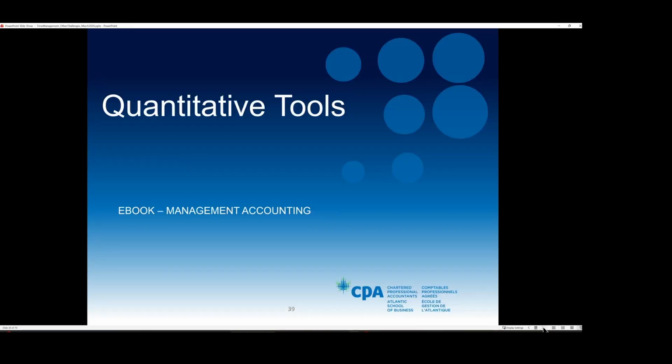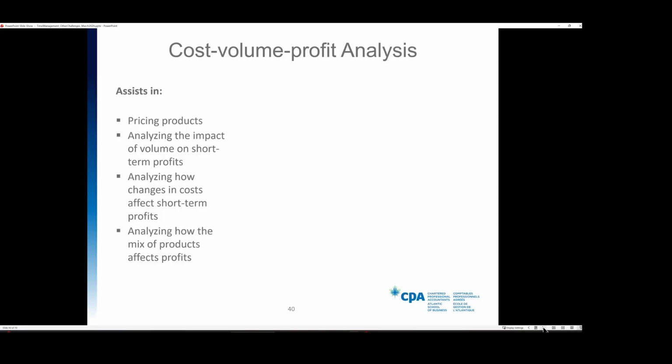So let's talk about the different quantitative tools. I've highlighted all of this information I've taken out of the ebook, the Management Accounting book. So I'm going to focus on a lot of the key quantitative analysis and the types of answers they provide.